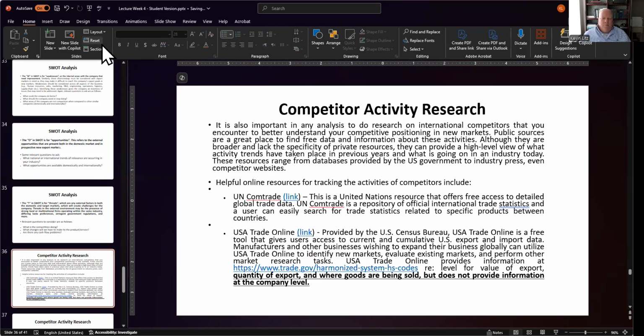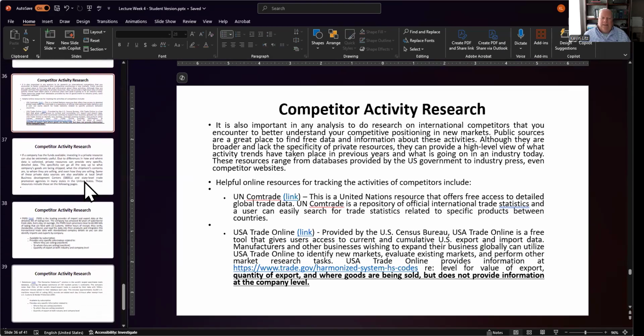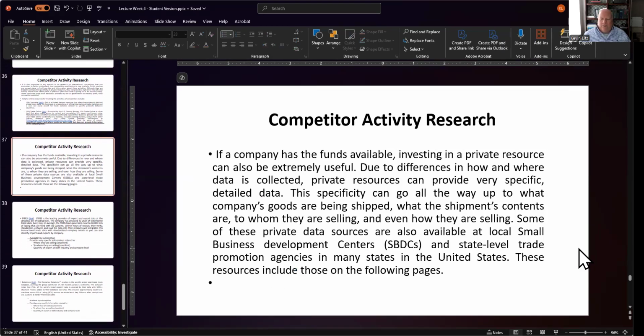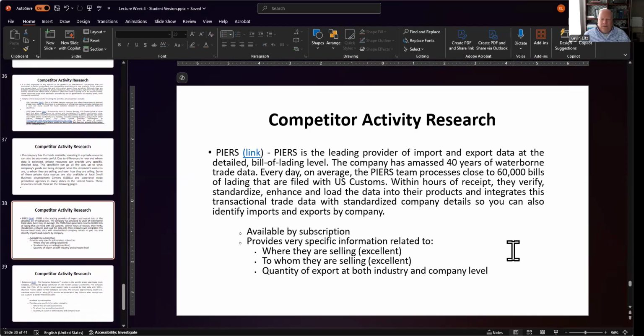Competitor activity research. Again, we've shown these various trades, and the key is find out what your competitors are doing in that country. Let's see. Here's some more.